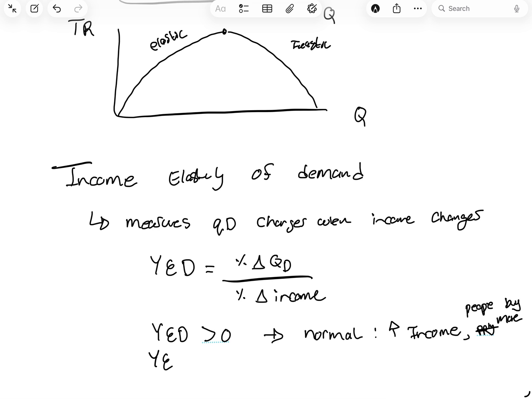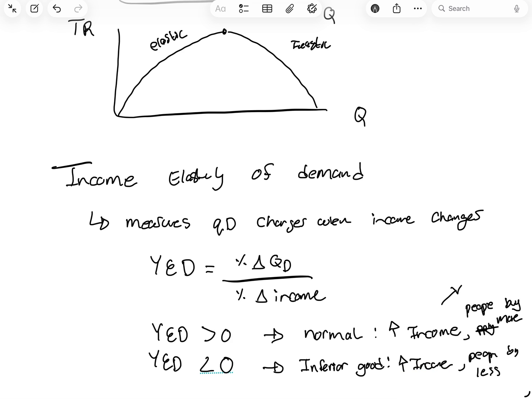If your YED is negative, we call that an inferior good. And what this leads to is, as income rises, for inferior goods, people buy less.